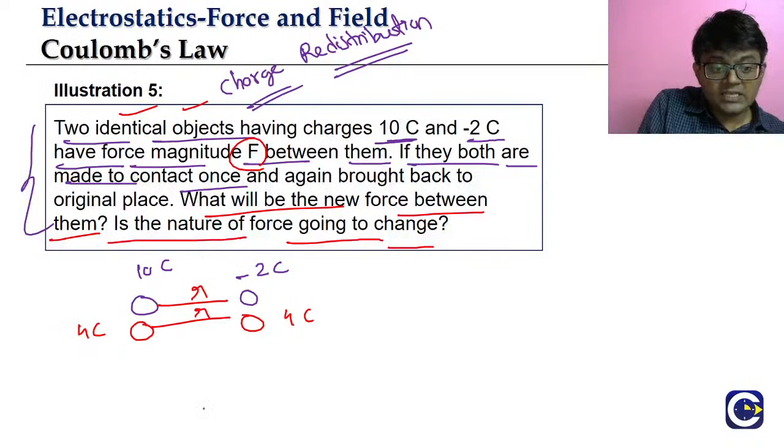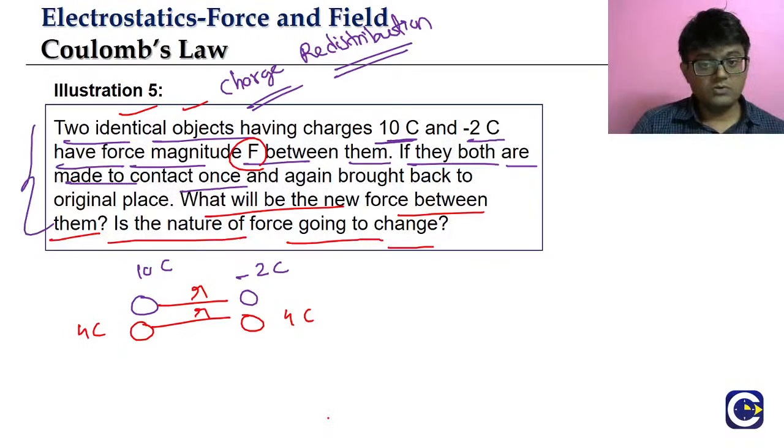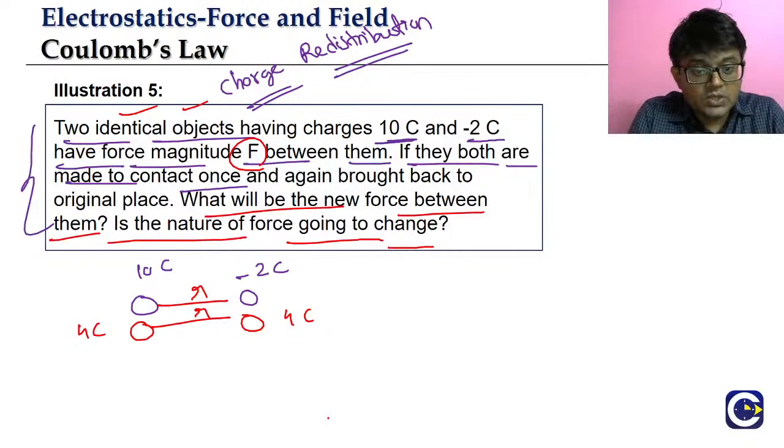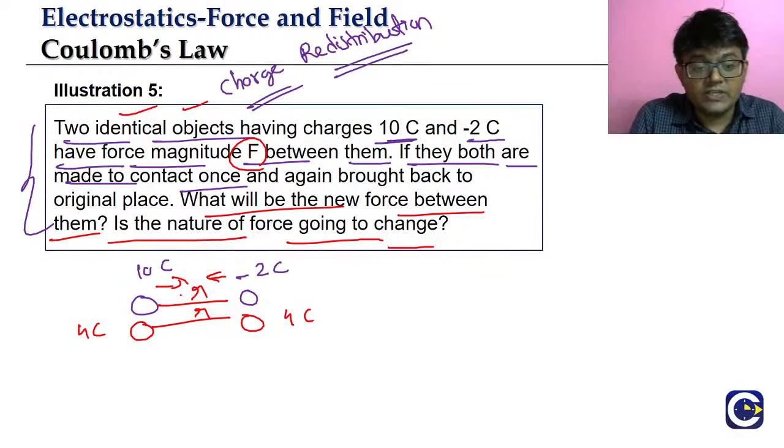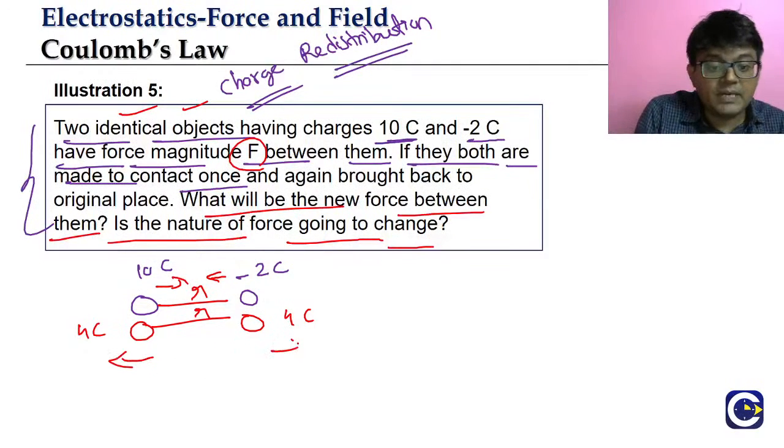And after the charge redistribution, what are the values of the charges on both the objects? On one object 4 coulombs, and on the other object 4 coulombs. They both are now having positive charge. Initially both of them will be attracting, as they are carrying opposite types of charge. Finally both of them will be repelling.